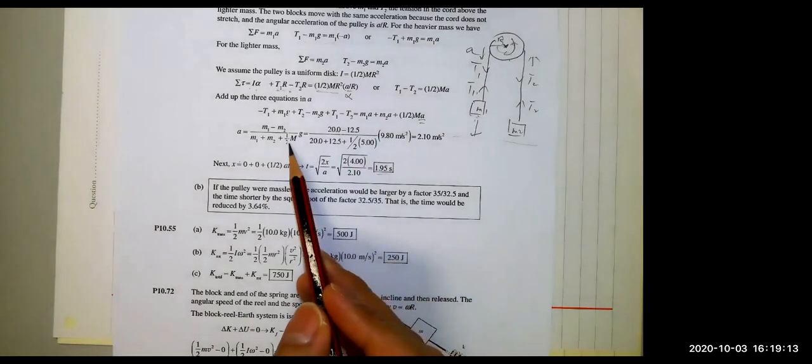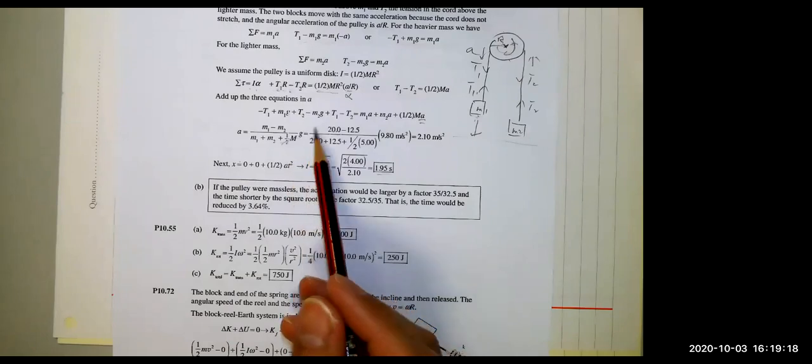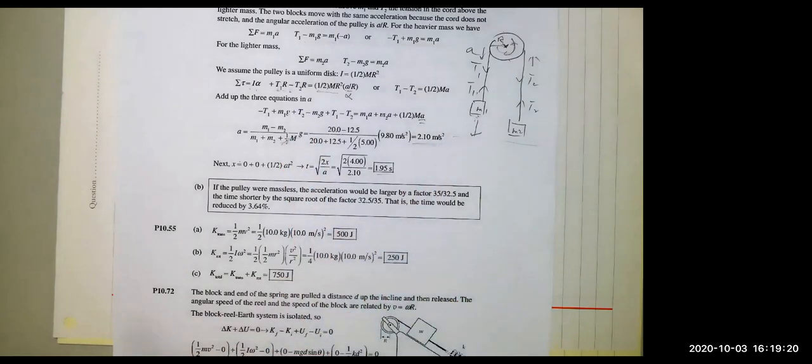And in part B of the question, it is asking, what if the pulley is massless? If the pulley is massless, then, as you will see, basically this term would be cancelled, and this would increase the acceleration of the blocks.